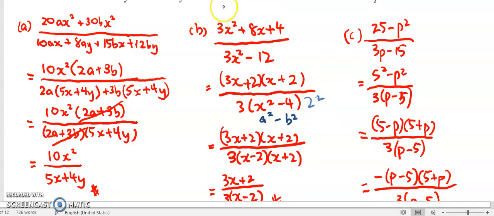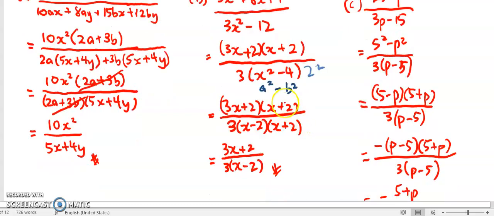And if you look at the next step of working, the numerator remains the same after cross-method factorization. You get 3x plus 2 times x plus 2, and the denominator is further factorized to become 3 times x minus 2 times x plus 2. So now we have x plus 2 on the numerator and the denominator to cancel off.